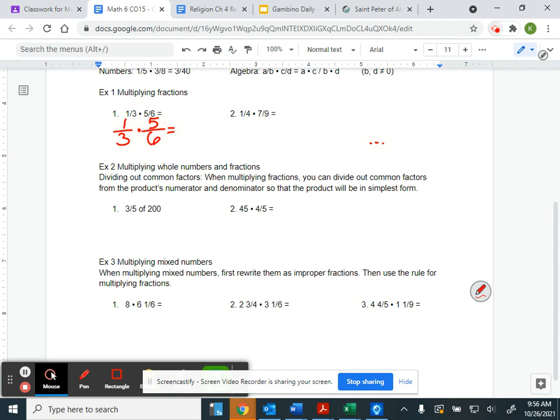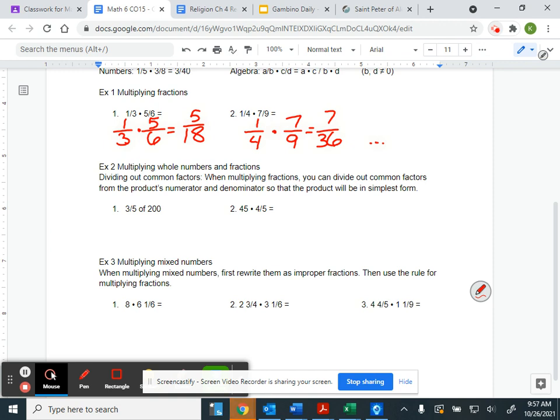Yeah, 1 times 5 is 5. 3 times 6 is 18. Now we have 1/4 times 7/9. What does that get us? Will? 7/36. Yeah, 7 over 36, because 1 times 7 is 7, 4 times 9 is 36.